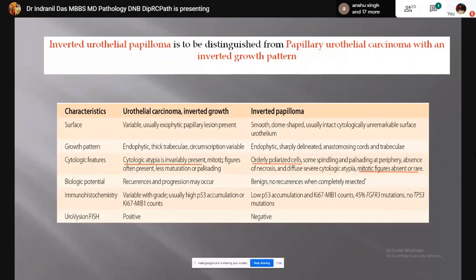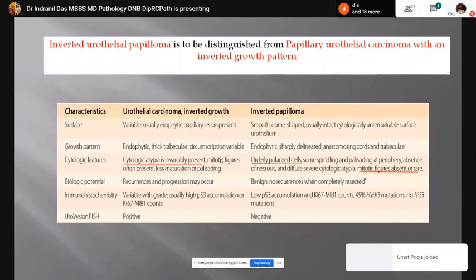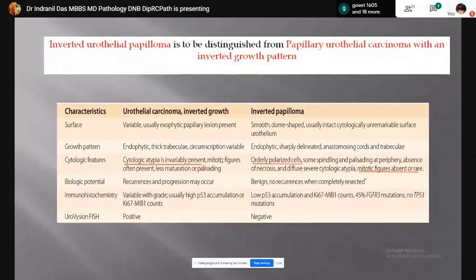And if we perform an immunohistochemical study, there will be high P53 expression in urothelial carcinoma, but in inverted papilloma the P53 expression is low or absent, and the Ki67 index.